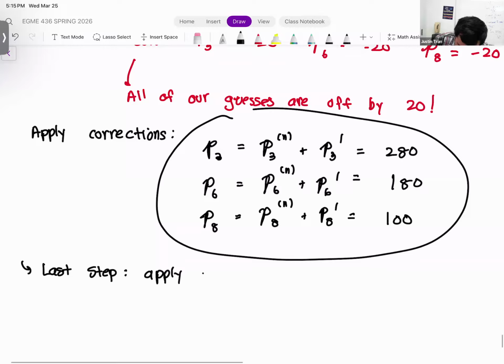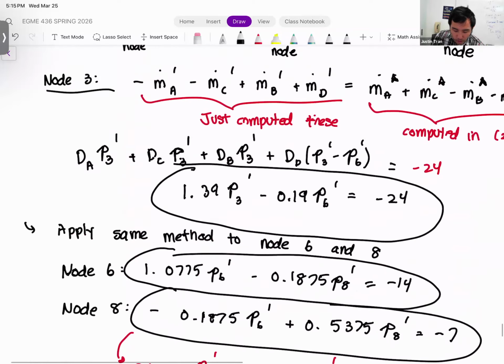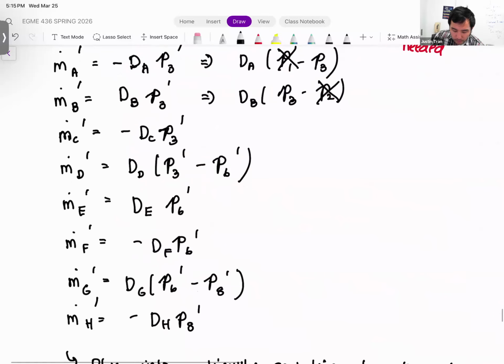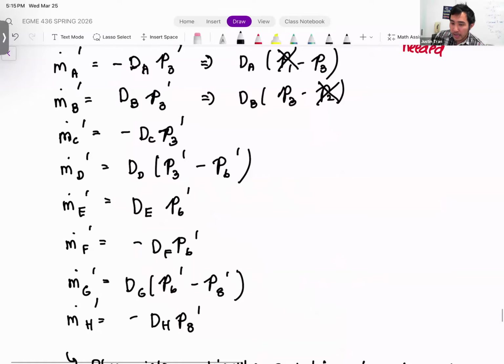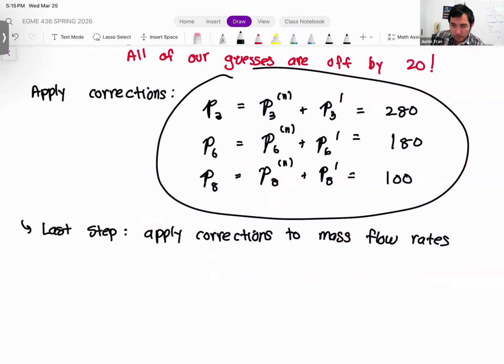Apply corrections to mass flow rates. Okay. Because now that we have all the P primes here, we can go up here and plug in for our m dot primes here. So m dot A through H. Okay. And then once we have our corrected mass flow rates, we can then confirm that continuity is satisfied.